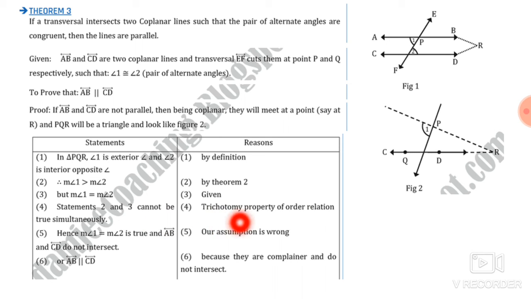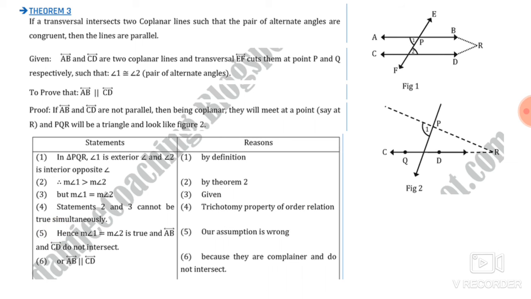Our assumption is wrong. We assumed that AB and CD intersect each other, which leads to an absurdity, an incorrect result. Our assumption was that the lines are not parallel. If that is wrong, then the right thing is that the lines are parallel, and that is what we have to prove.